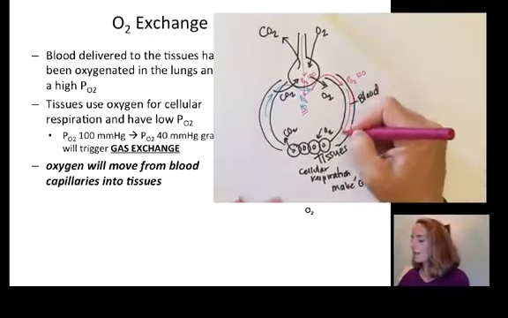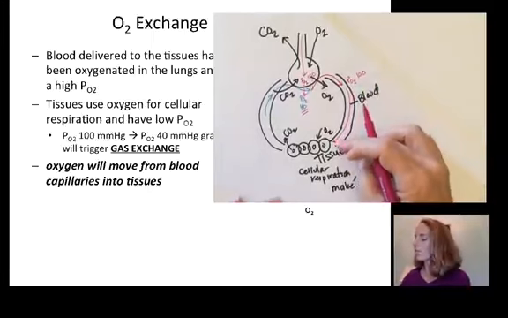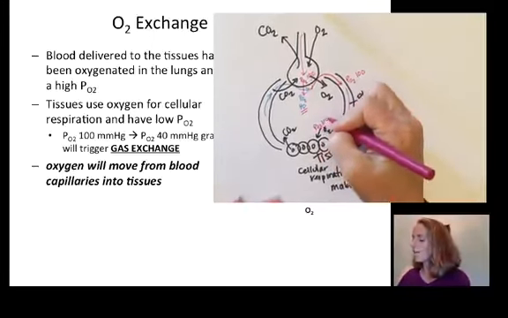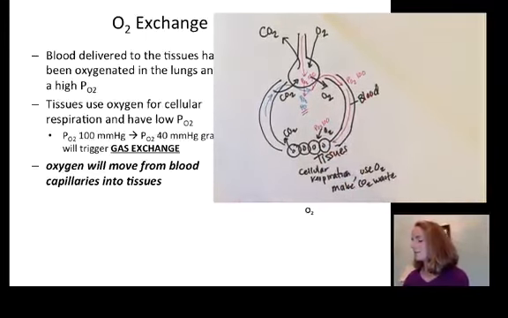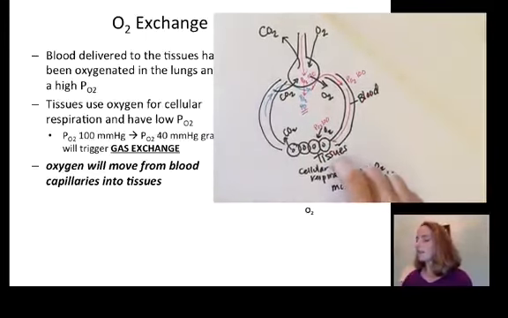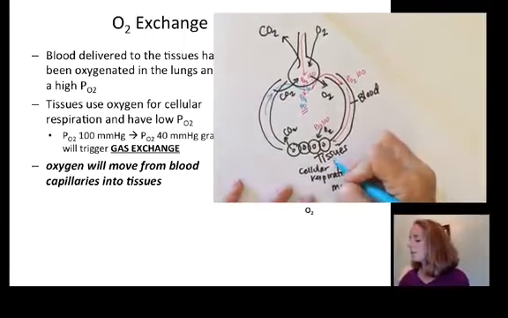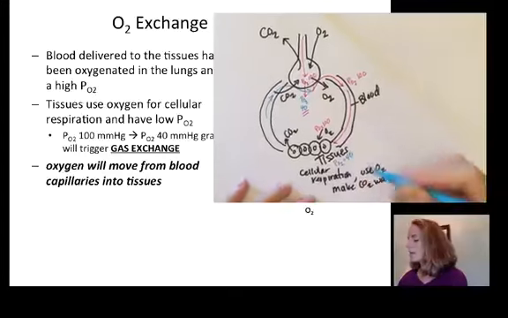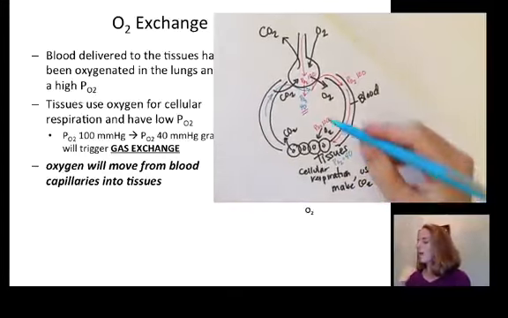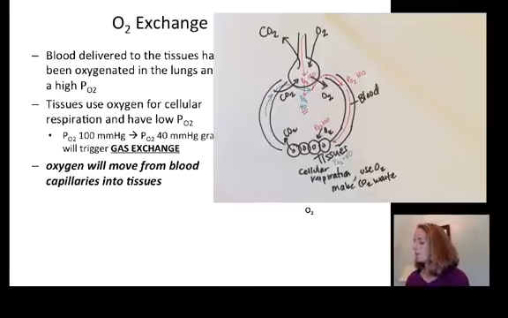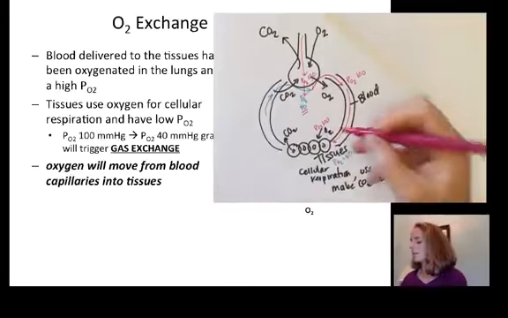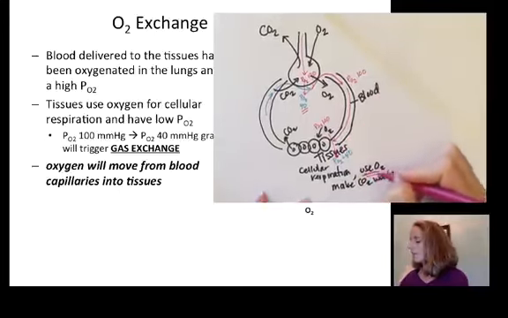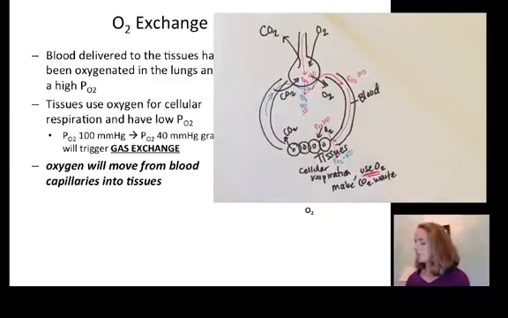From there, that highly oxygenated blood is going to have a PO2 of 100 as it reaches the tissues. The tissues do not store oxygen, so their PO2 is low. Their PO2 is 40. So now we have exchange where the oxygen in the blood is going to go into the tissues and get used up in the tissues.